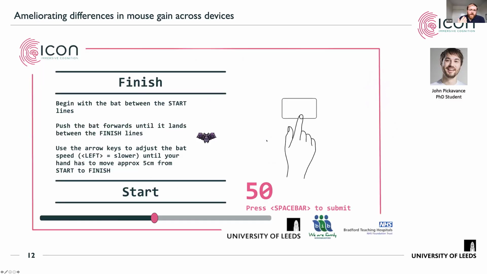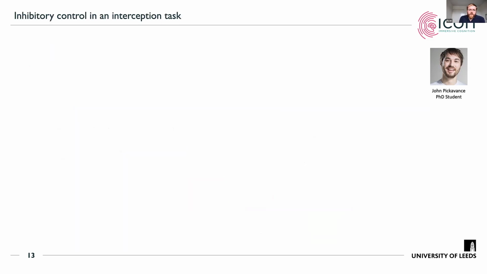What this led us to do was introduce a screen at the beginning of his task where people try to move the little bat from the start position to a finish with one little movement, indicated by a GIF on the screen, whether they're using a trackpad or an optical mouse. This allows us to standardize and ameliorate the differences across participants' computers.